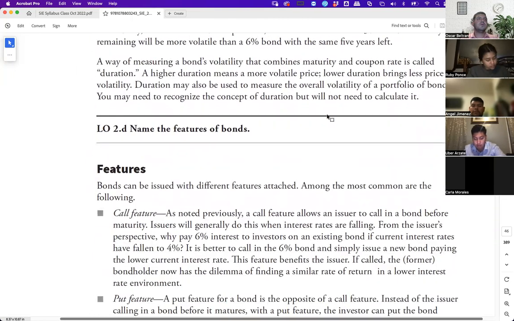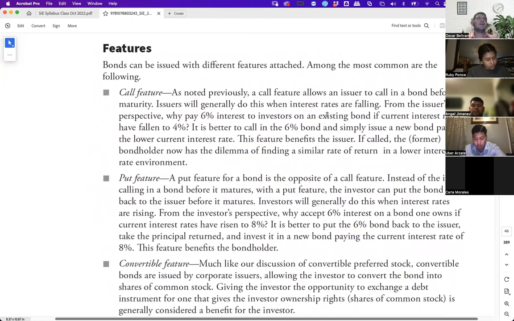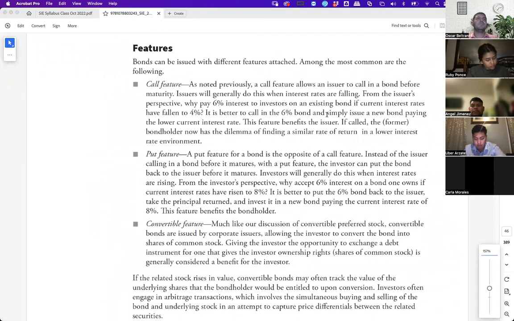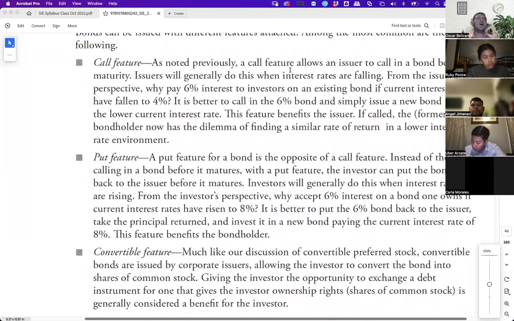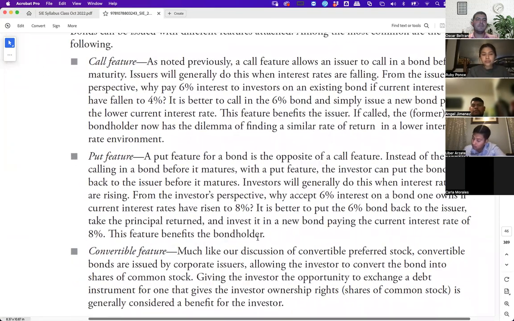Let's keep going. Now, this here talks about the different features of a bond. The first one here is going to be a call feature. A call feature is going to be a benefit that benefits the issuer.